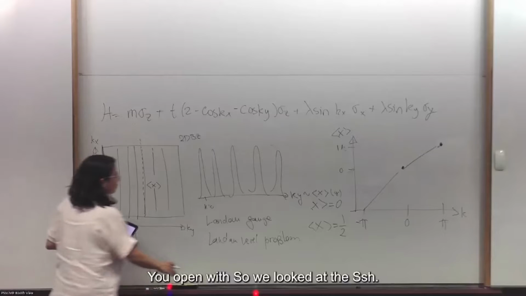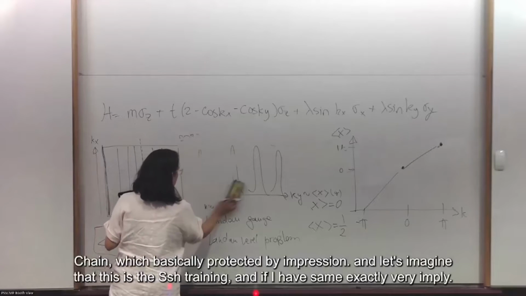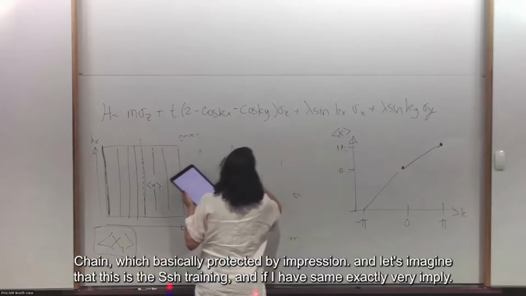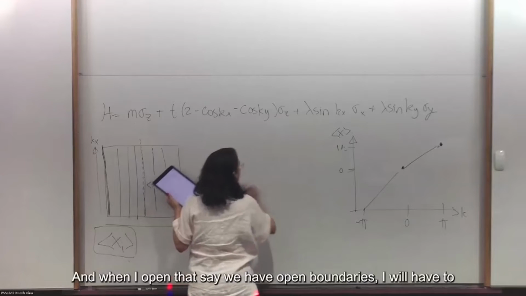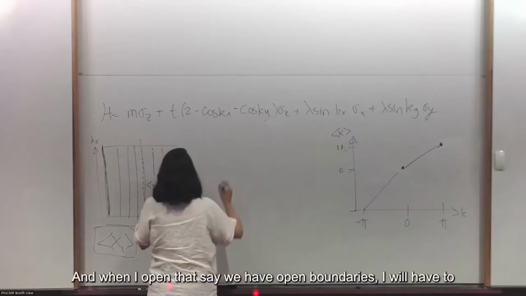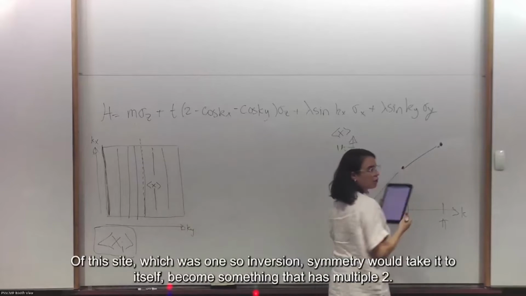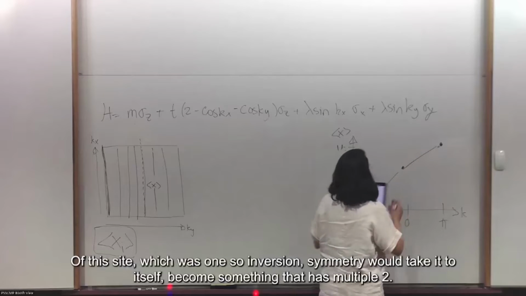So if we go back, if we remember that we did symmetry indicators for the SSH chain, and we associated this position with the product of the inversion eigenvalues, or the reflection eigenvalues.